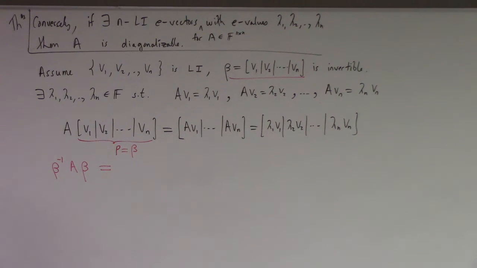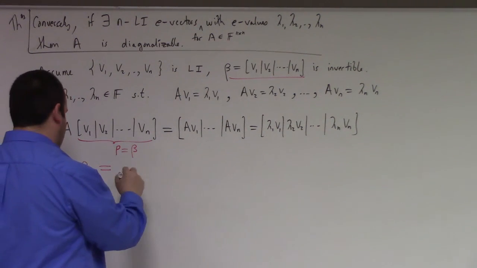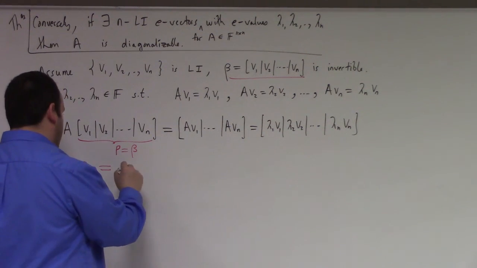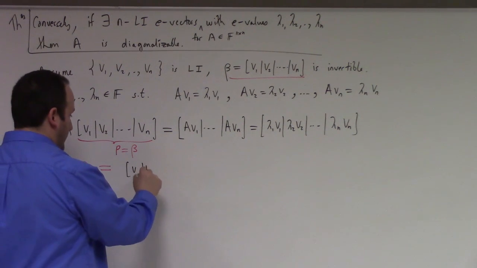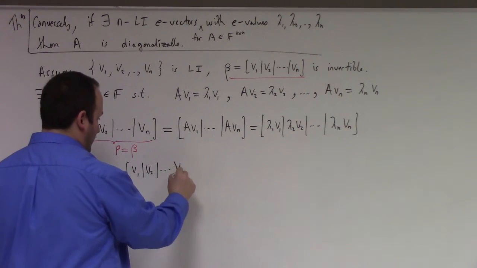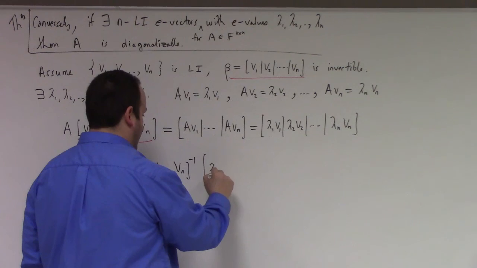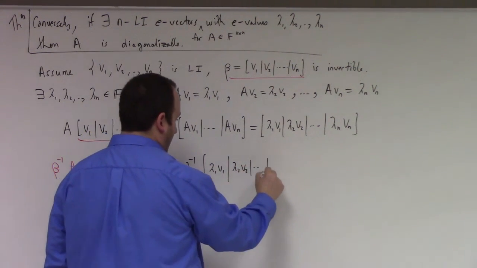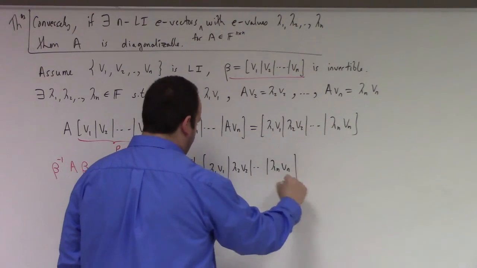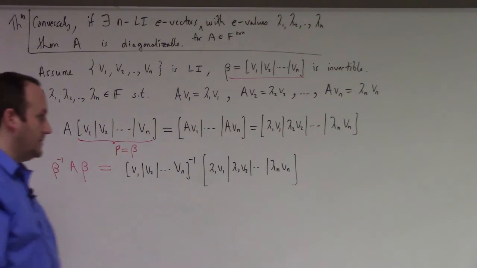So what do we have? You've got to think about how this works. I've got [v1, v2, vn] inverse times [lambda 1 v1, lambda 2 v2, lambda n vn]. Let me try to explain how that goes.